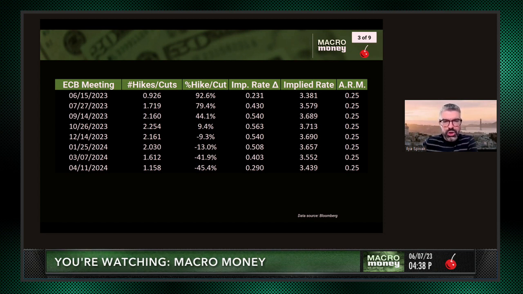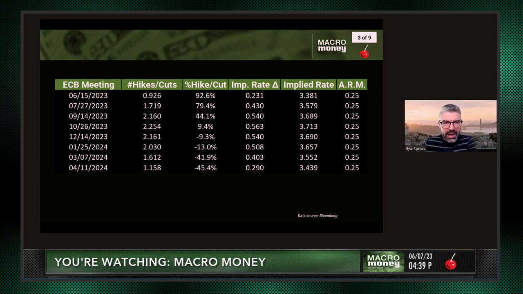It looks like June might be where we get the first one. July might be where we get the second, and then stand still in September. But as it stands, somewhere in those 3 meetings, we are going to get 1 hold and 2 hikes, according to current market expectations.